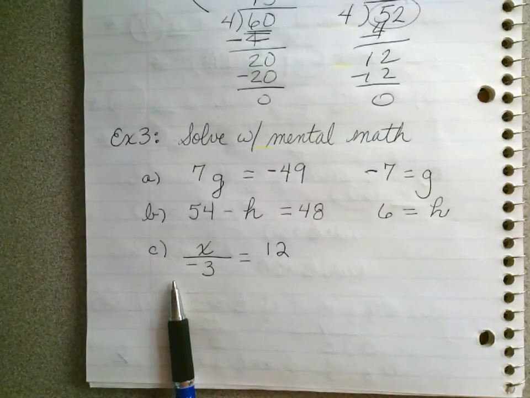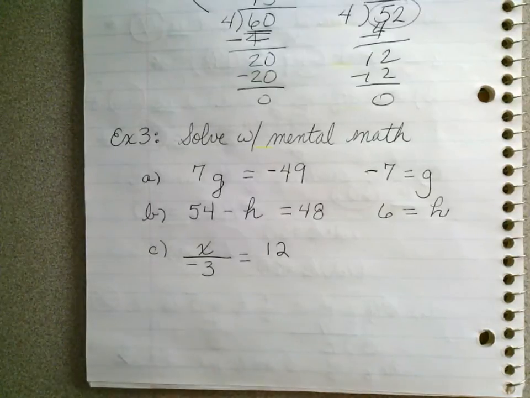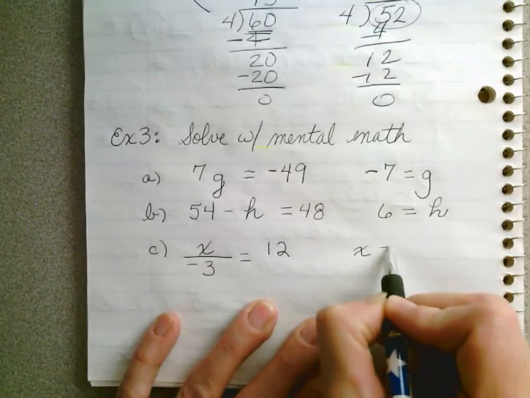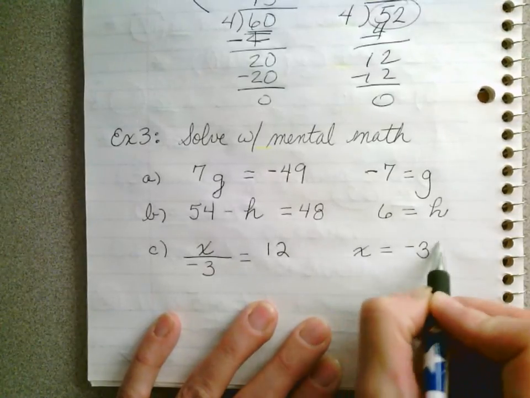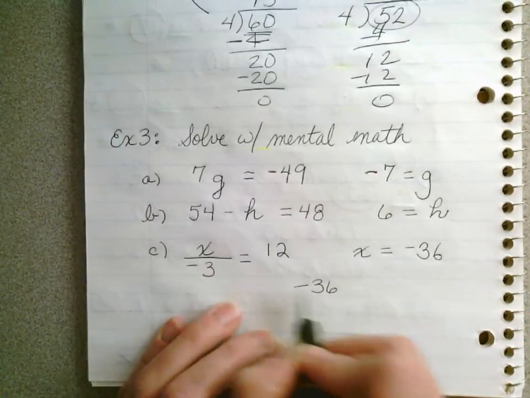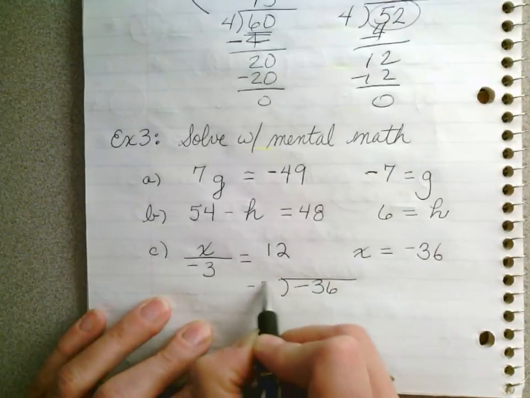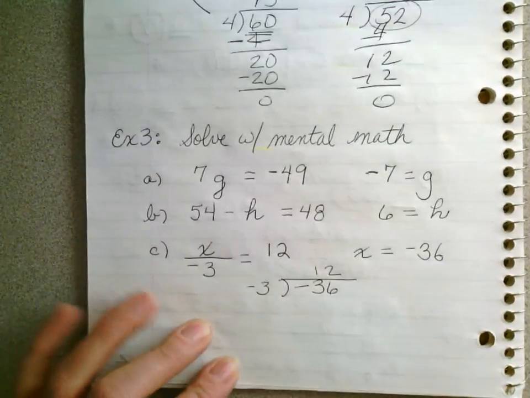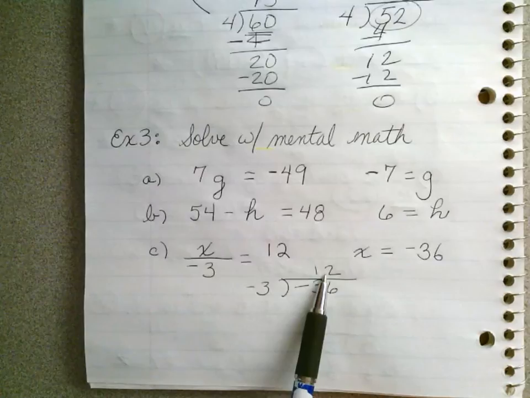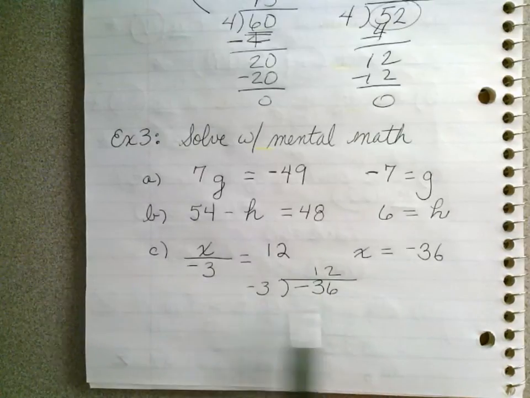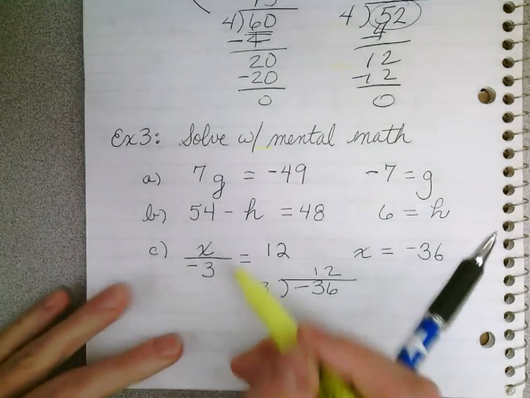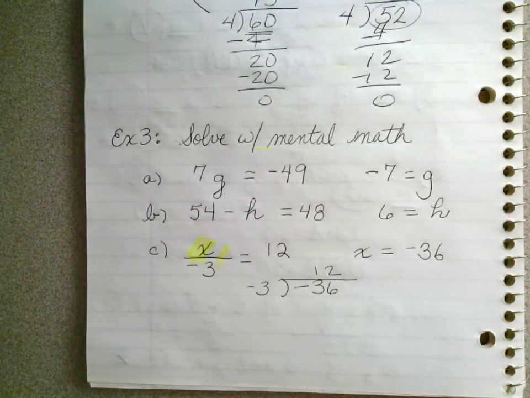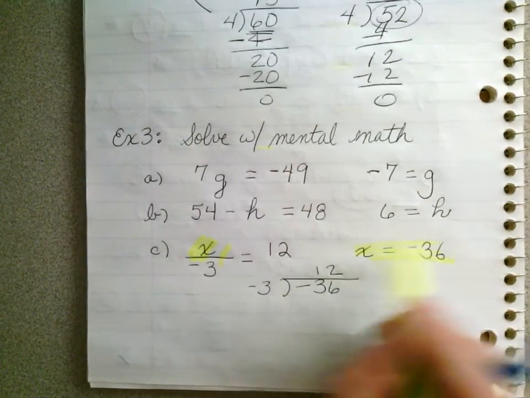This is a tough one. Lydia, what do you think? She's right. x indeed is negative 36. I'm going to check her though. A negative divided by a negative indeed will work. Positive 12 times negative 3 did indeed give us that value, which is found right here. Okay, here's your value there.